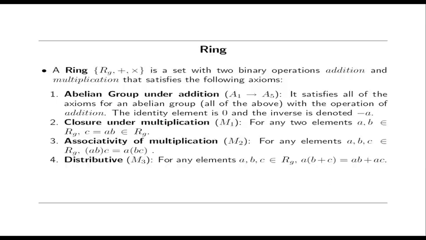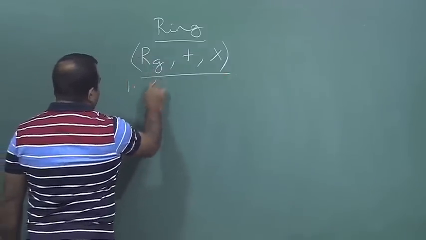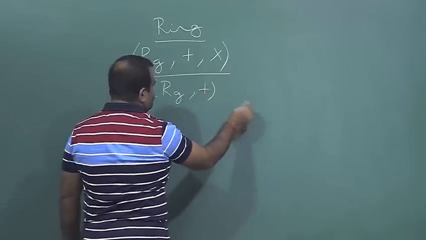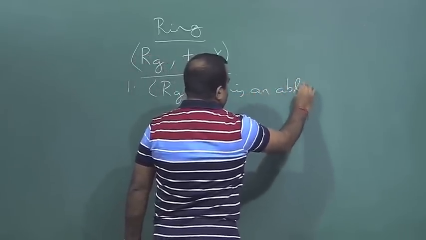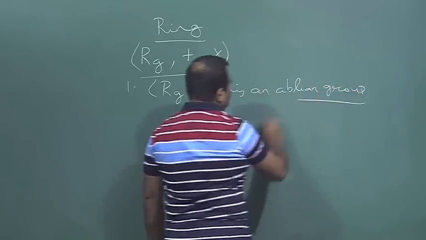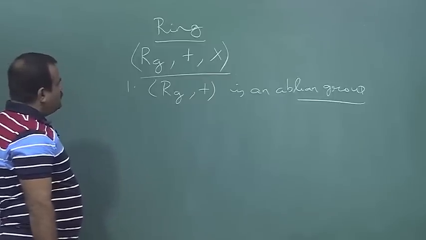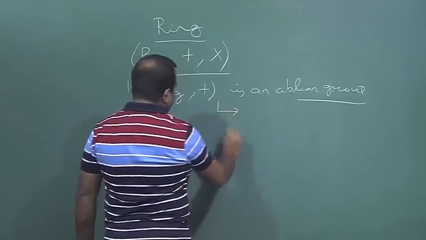So, what is it telling? First of all, this set R along with plus must be an abelian group. Abelian group means it must satisfy these 5 properties.